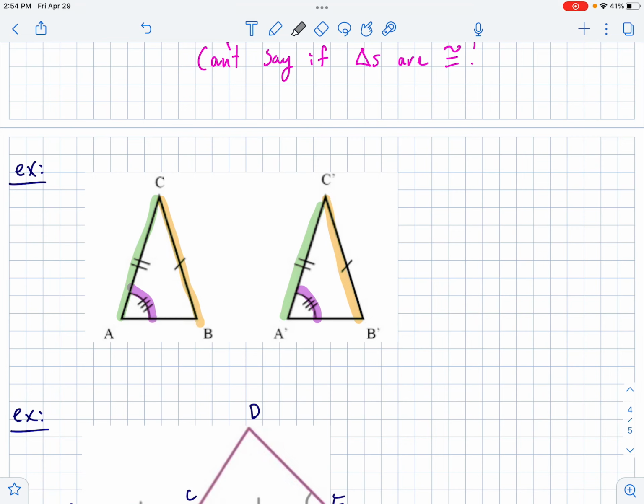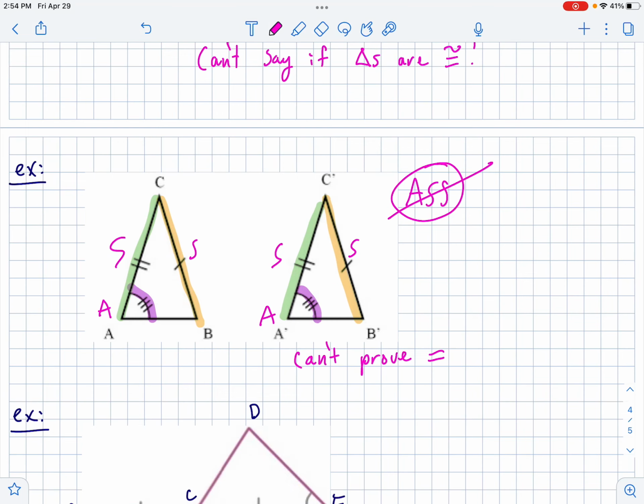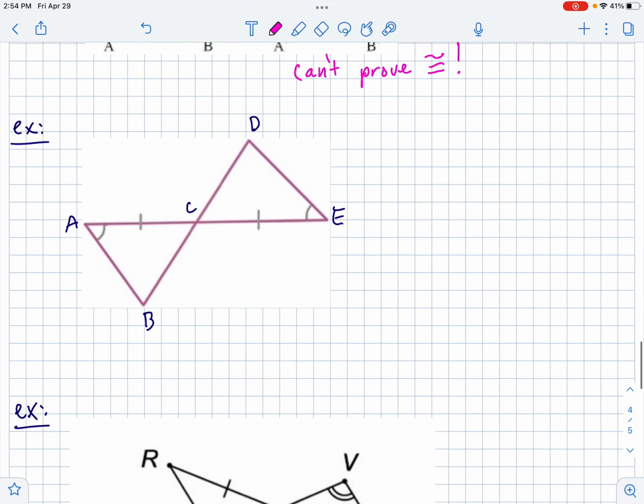You're jumping this side, and that's not cool. So this is actually an angle, side, side, angle, side, side situation. And remember, you cannot spell the bad word in math class. So these are not congruent to each other. Can't prove that they're congruent.